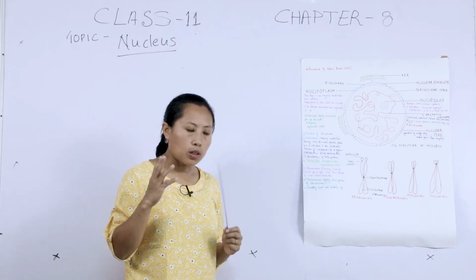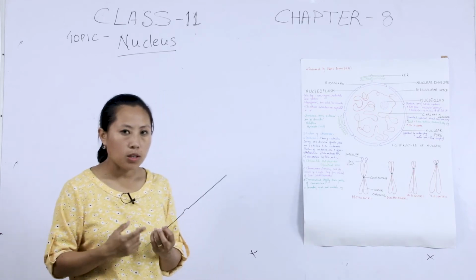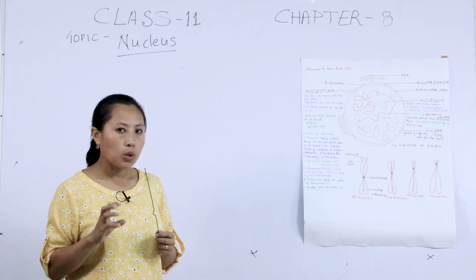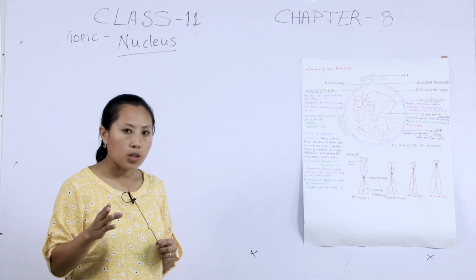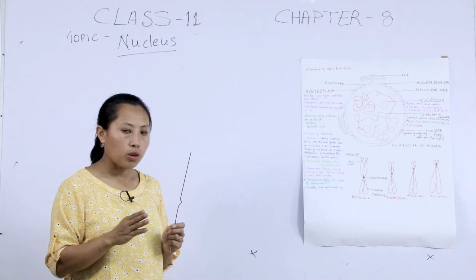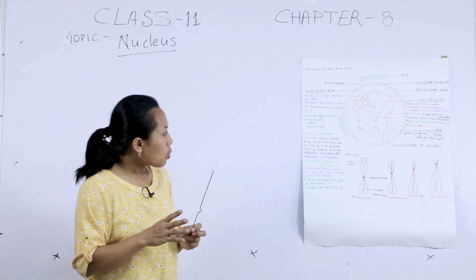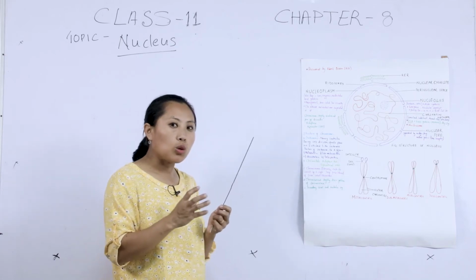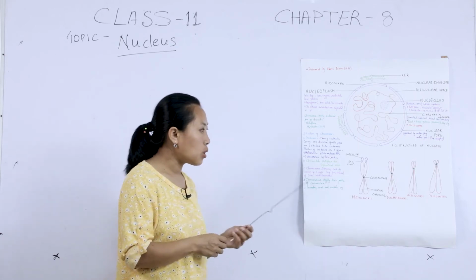You know that a cell cycle consists of interphase and a division phase. During the division phase, this nucleolus disappears, and it is observed only in the interphase stage of the cell cycle. During the division phase, the contents of the nucleolus go and become associated with the chromosome.